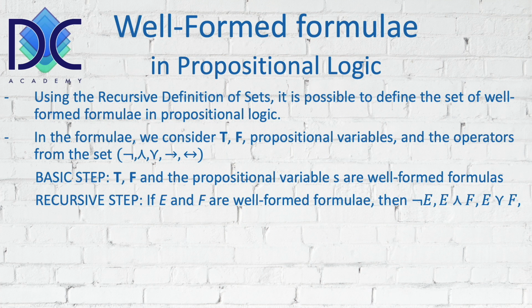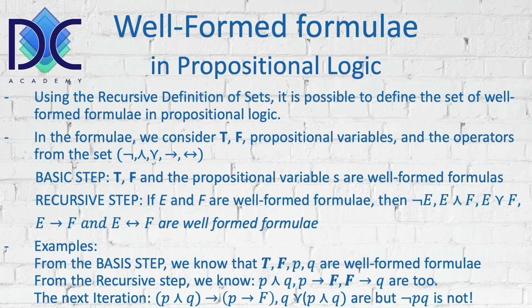Then not E, E and F, E or F, E then F, and E if and only if F are well-formed formulas. So basically, when we are using the basic step and the recursive step, we can create a set of formulas.